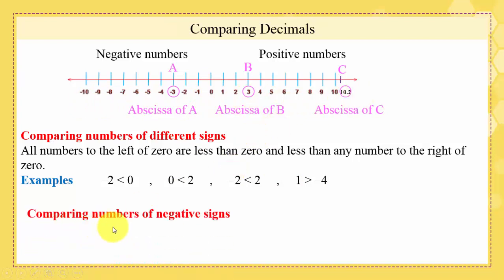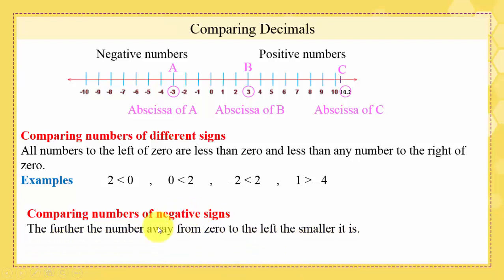Now comparing numbers of negative signs. The two numbers are of negative signs. The further the number is away from 0 to the left, the smaller it is. As the number becomes further from 0, it becomes smaller.